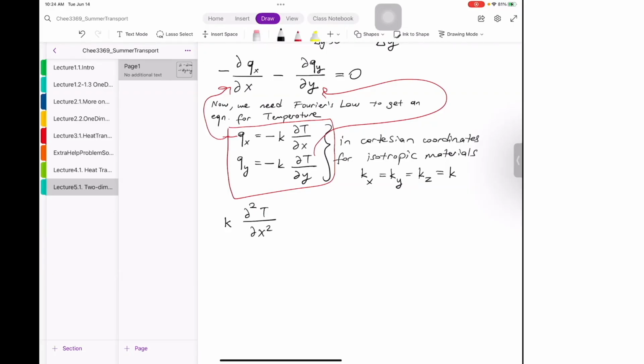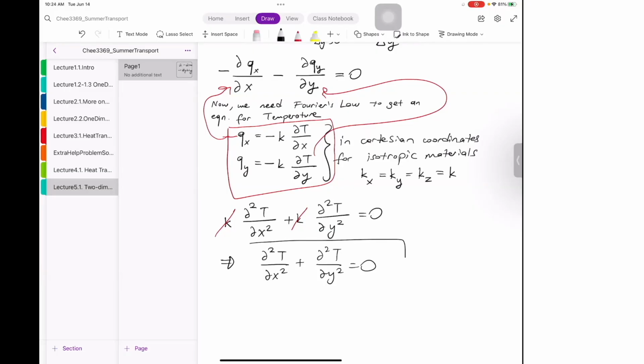That's going to be the second derivative, plus k del square T over del y squared is equal to 0. And from here, after simplification, you get rid of the k's, and you get del squared T over del x squared plus del squared T over del y squared is equal to 0. That's your governing differential equation.